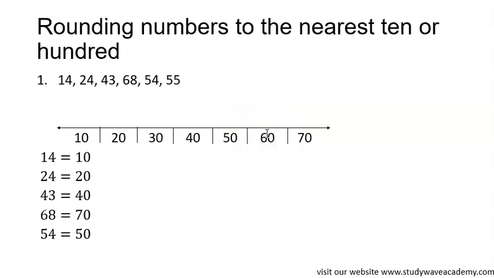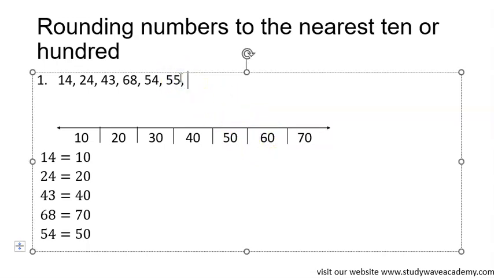You remember the rule, right? If it's below the 5 mark, we round down, but if it's on the 5 mark or above the 5 mark, you round it up. So this is 55 and 55 is on the mark. So 55 will be rounded up to 60. I hope you're not confused.